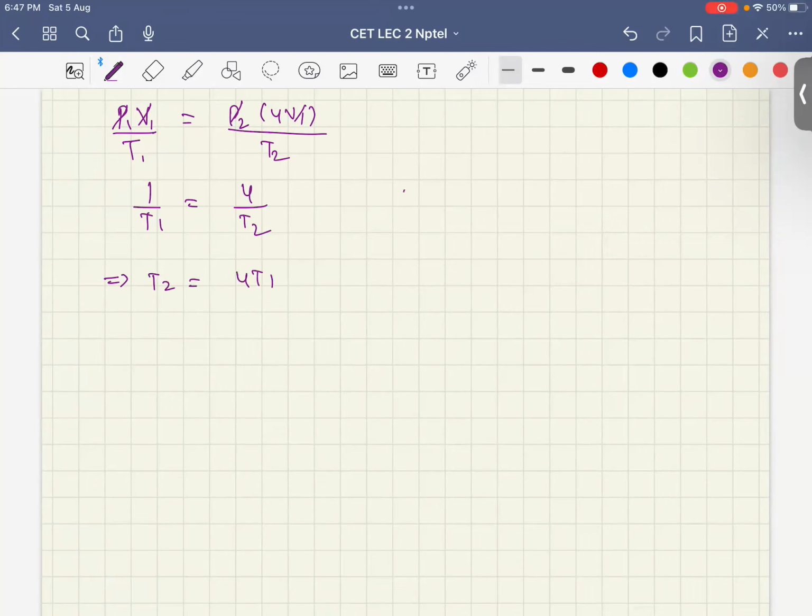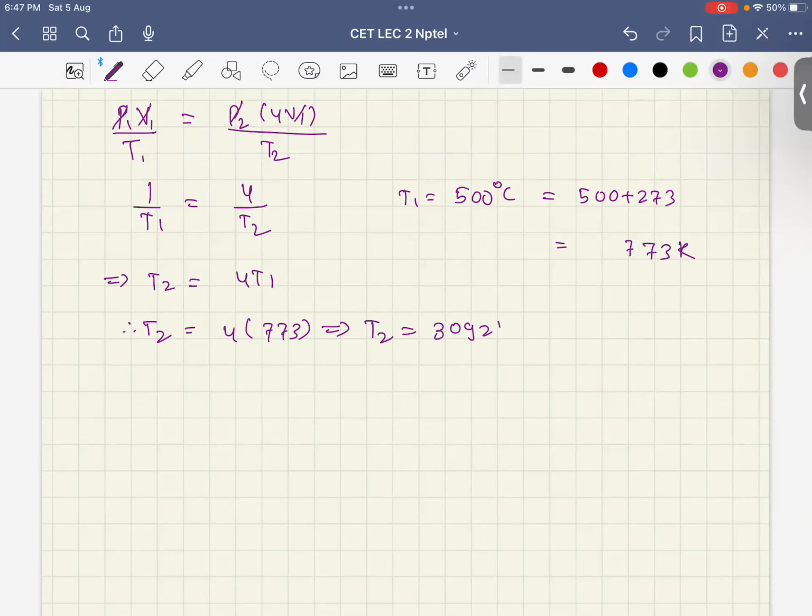And what is T1? T1 was given as 500 degrees centigrade, which is 500 plus 273, which is 773 Kelvin. Therefore, T2 is 4 times 773, which is 3092 Kelvin.